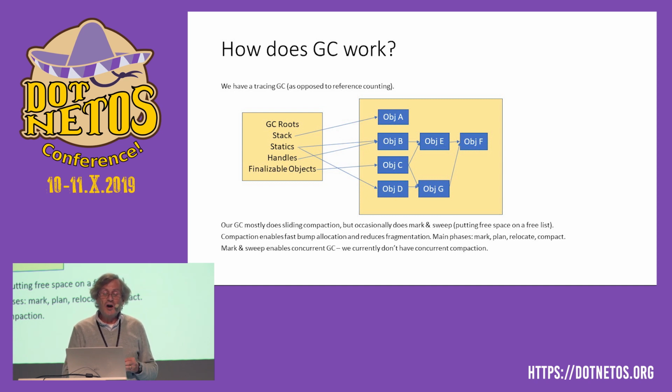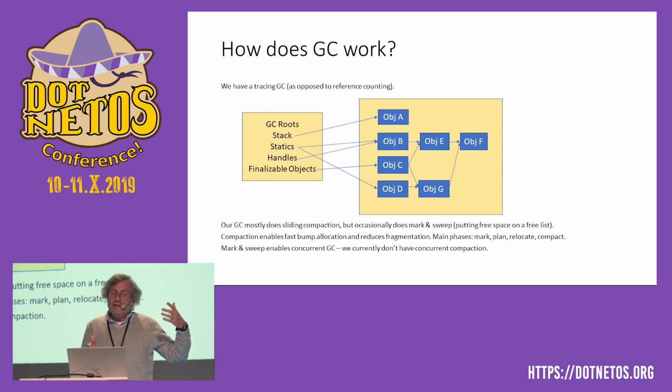And as you see in the picture, when we trace all these objects, the time it takes the garbage collector to trace the objects will of course be related to, first of all, the number of the objects and also the number of the pointers between them.